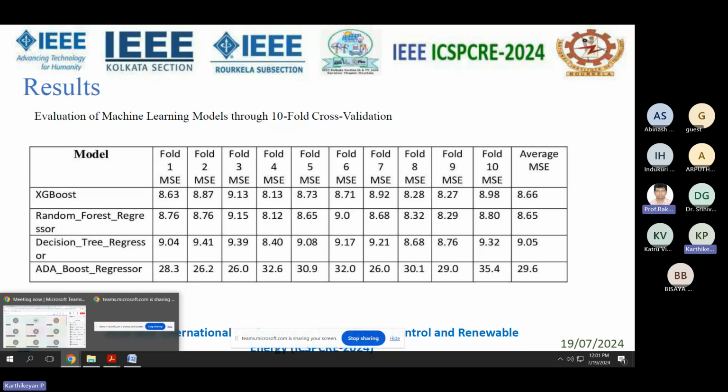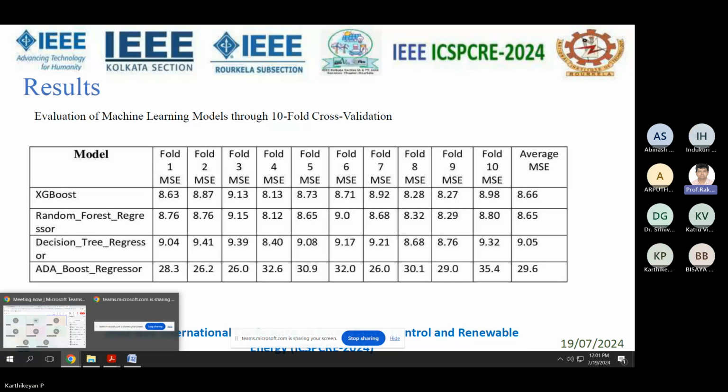From a random forest or decision tree, were you able to understand which parameter affects the patient's stay in the hospital more? Do you have any conclusion about which has more weightage?